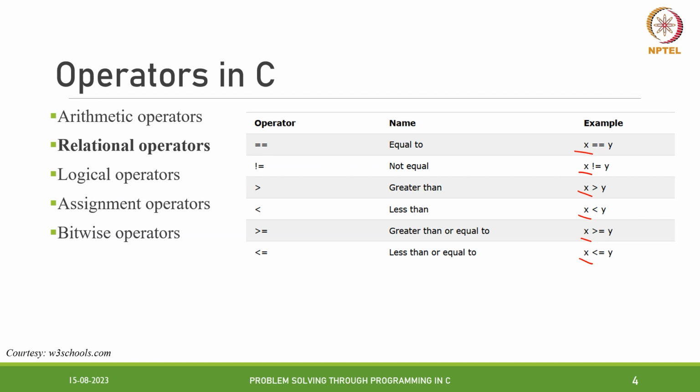These are all the different relational operators. This will give you expressions in terms of true and false, which is a boolean data type. True means yes, and false means no, right?